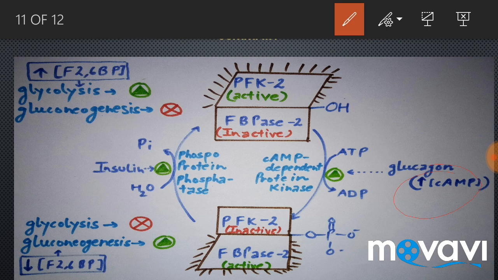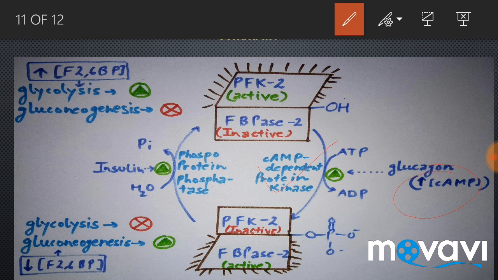When it is produced, it signals this enzyme, cAMP dependent protein kinase, and because it is a kinase, it phosphorylates this bifunctional enzyme containing PFK2 and FBPase2. This causes inactivation of PFK2 and activation of FBPase2.